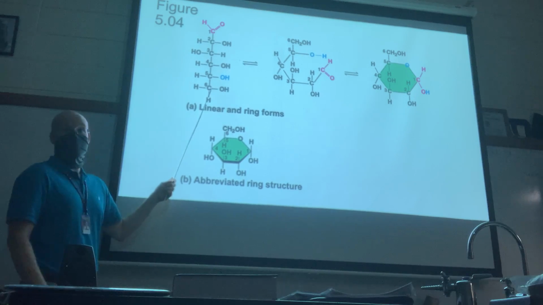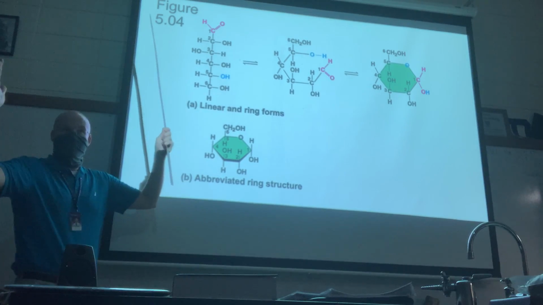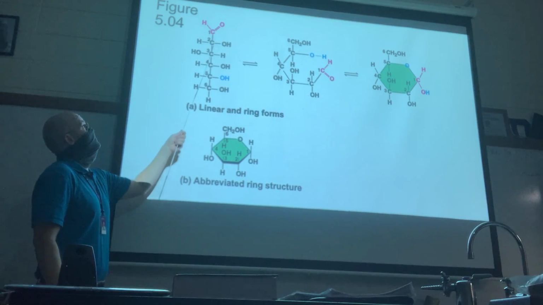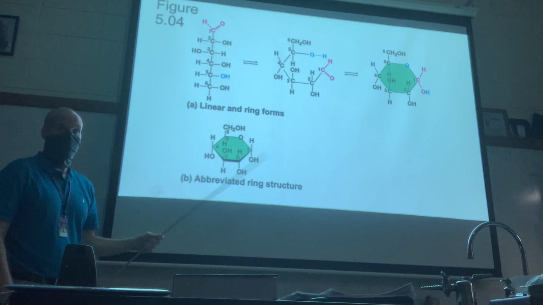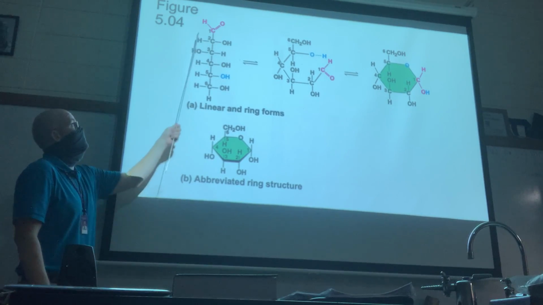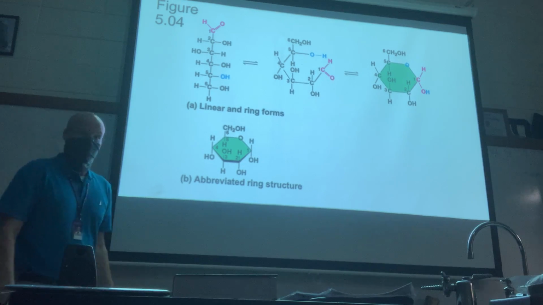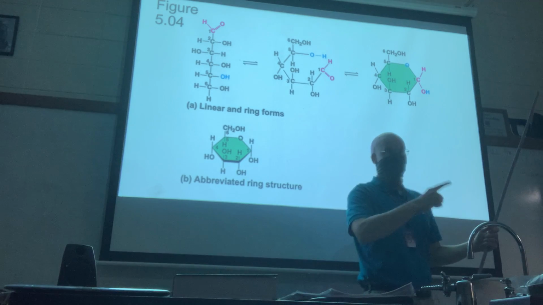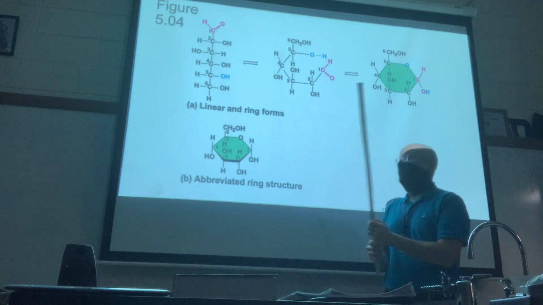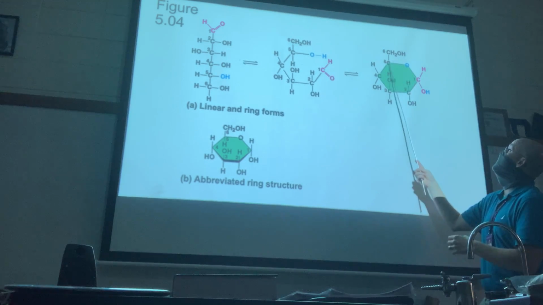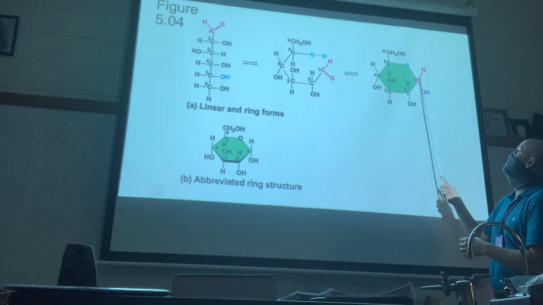Sometimes the carbon atoms and all their side atoms can form this kind of straight chain of carbon. So this is a linear form. All right? These sugars can actually move between that form and a ring of atoms like you see here.